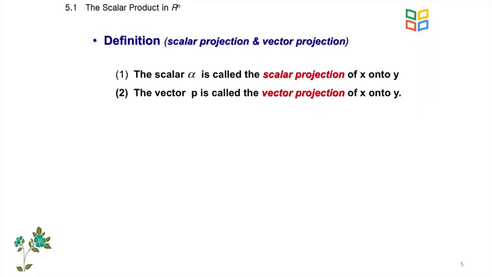The scalar projection and the vector projection are defined like this. The scalar alpha is called the scalar projection of x onto vector y, and the vector p equals alpha times u is called the vector projection of x onto y. One is a number alpha, and the other is a vector along this direction.